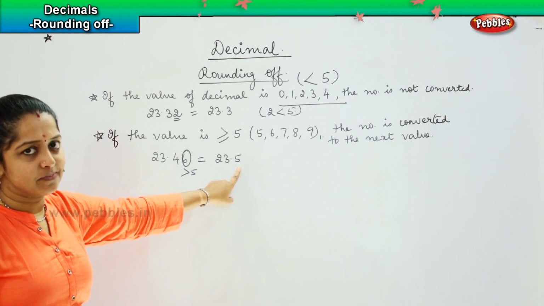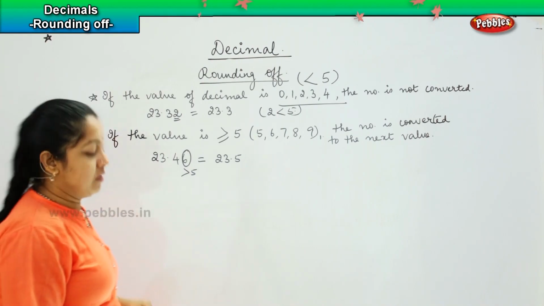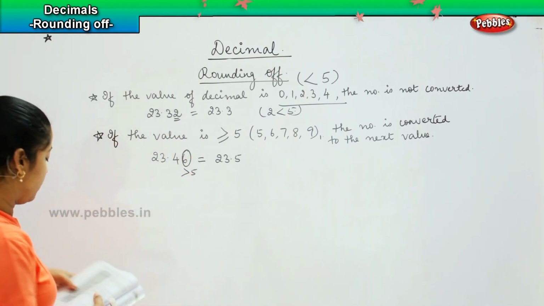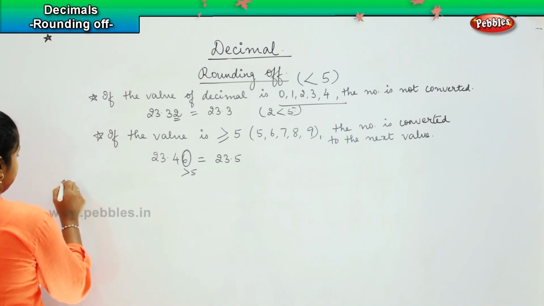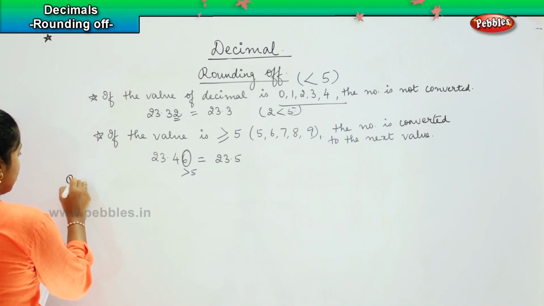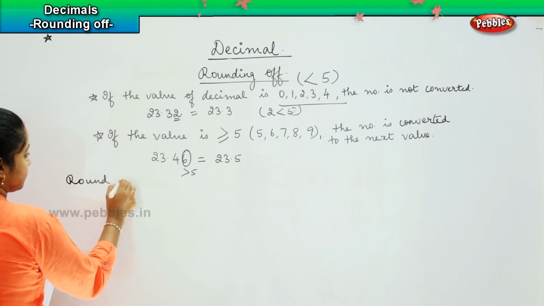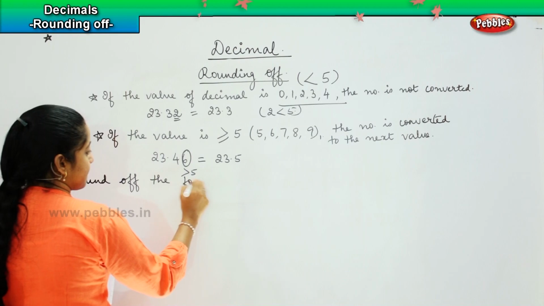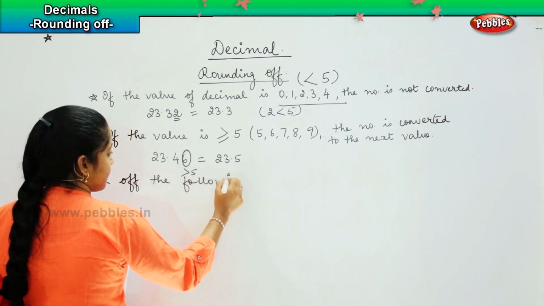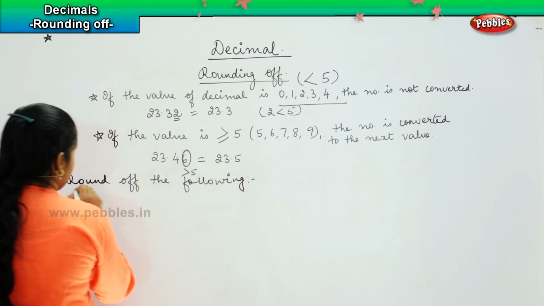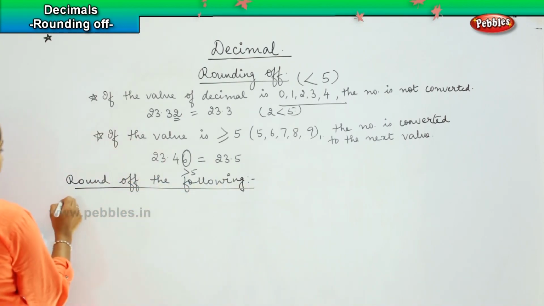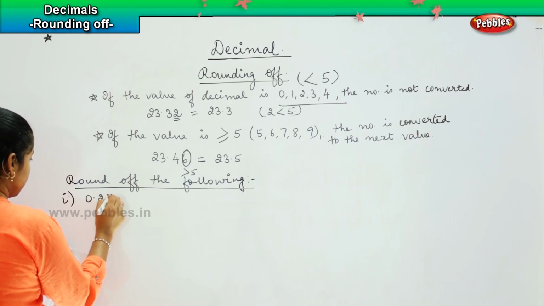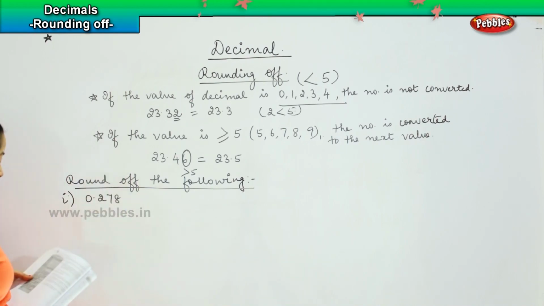Shall we see some examples, children? I am going to give you a few examples to make this concept clear. Round off the following. My first question is 0.278.